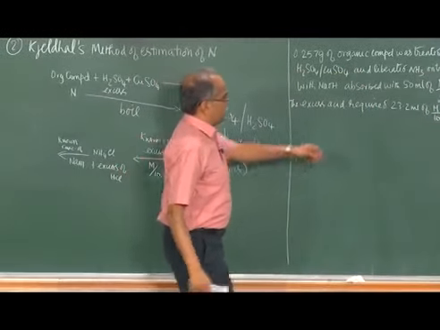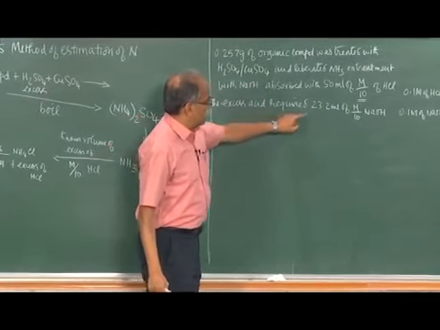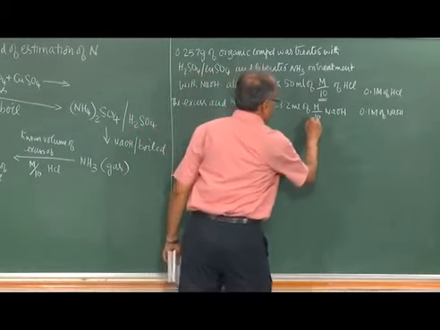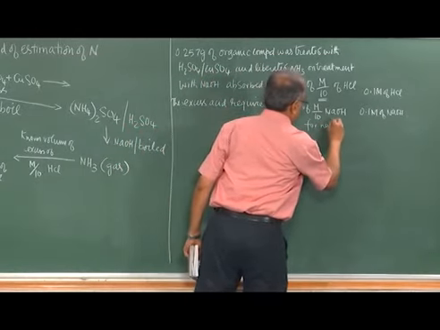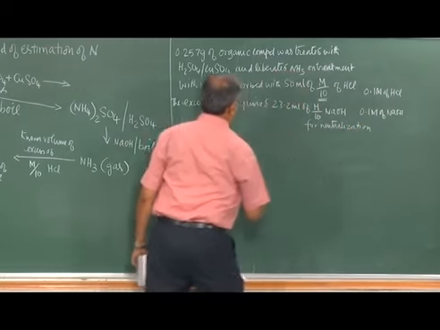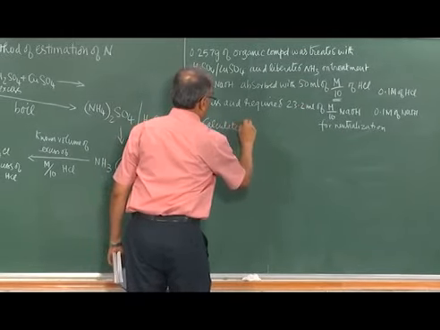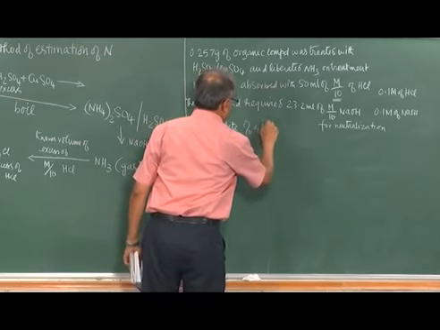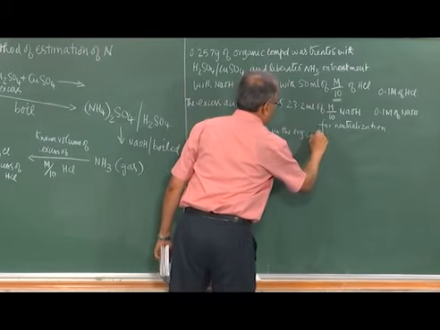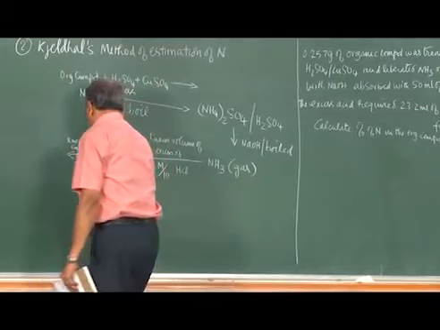So, a large excess of HCl is taken. The excess acid required 23.2 ml of sodium hydroxide for neutralization. So, from this calculate the percentage of nitrogen in the organic compound. This is the question that needs to be addressed.